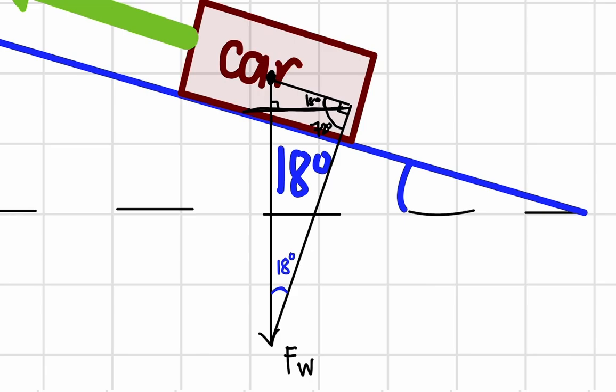So if this is 18, this is also 72 degrees here, right? And this is a big right triangle. This is the 90-degree angle here. So if this is 90 degrees here, and this is 72 degrees here, meaning this angle is 18. Okay? So, let's erase all of that.